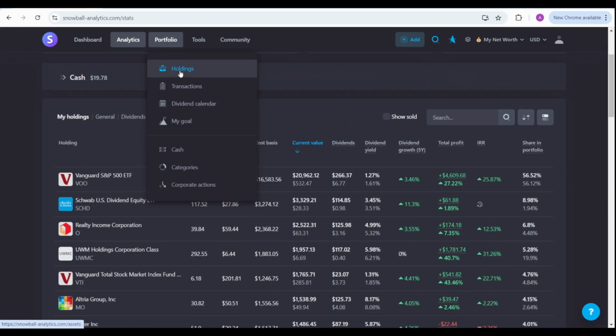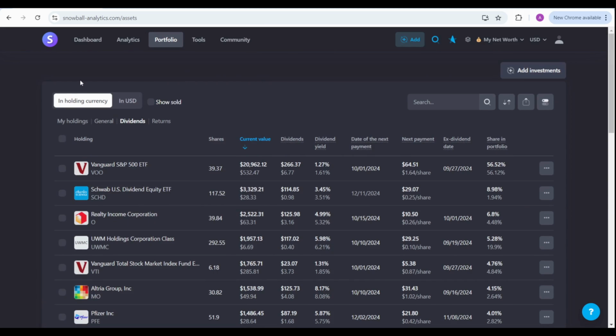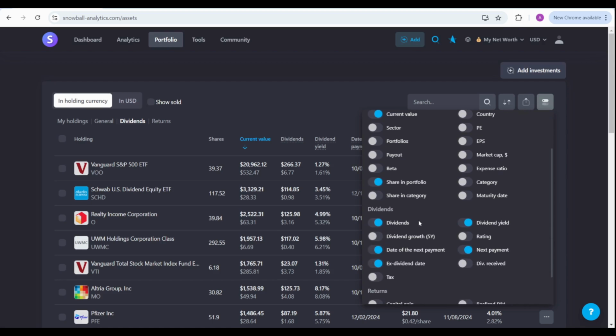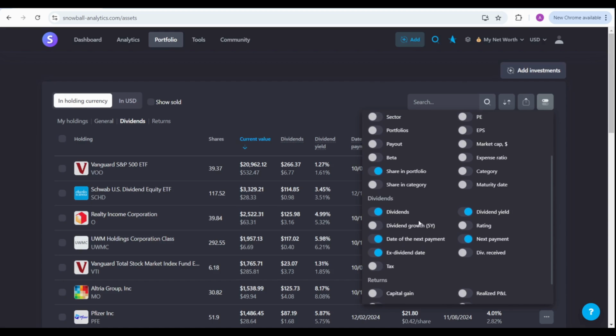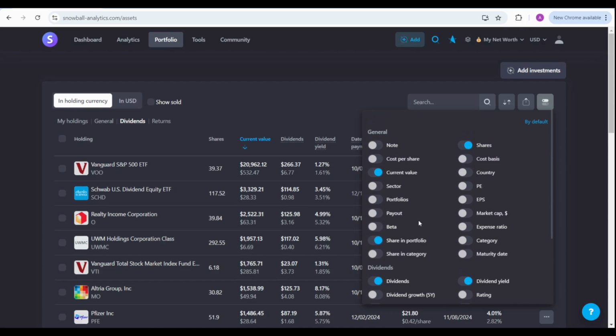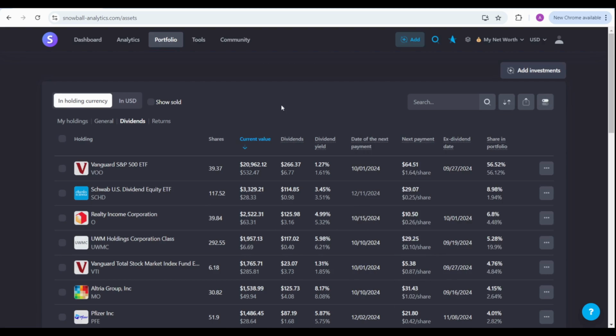The next thing I want to go ahead and take a look at is just the portfolio section, which is going to be very similar to the last section that we just looked at, but this one is more customizable. So if you go over here to this little toggle tab, you can turn on tons of different statistics and metrics that you can use to measure your portfolio performance, but the ones that I like are the shares, current value, dividend yield, when the next payment is going to be, or when the next ex-dividend date is, and then again the share of it in my portfolio.